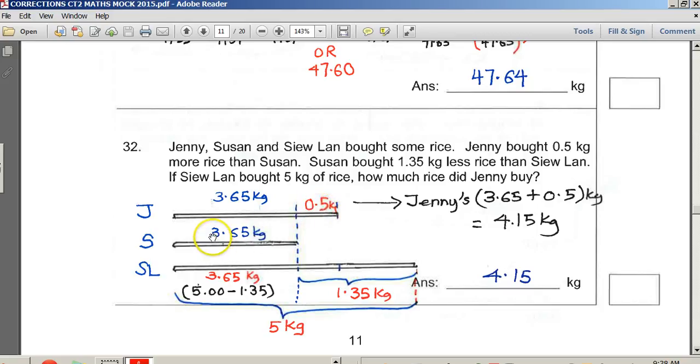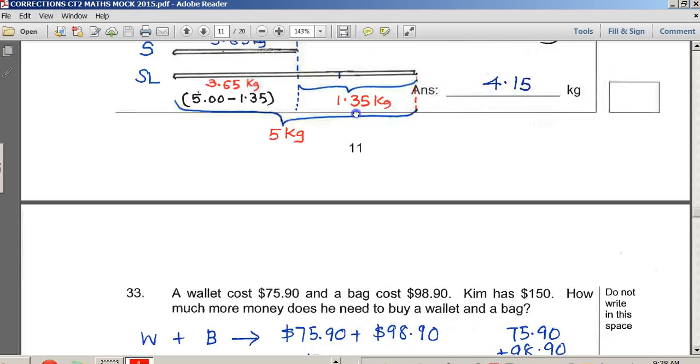Susan is just 3.65, and this one is 3.65 plus 1.35, which is 5 kg. So find out how much rice did Jenny buy. Jenny bought 3.65 plus 0.5, which is 4.15 kg.